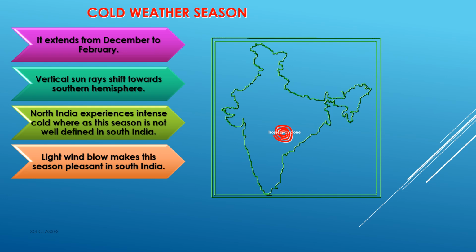Thus, while the mean temperature during January in Trivandrum is as high as 31 degrees Celsius, it's only 16 degrees Celsius in Varanasi. So in short, interior areas experience a very cold winter, and the coastal areas have comparatively higher temperature.